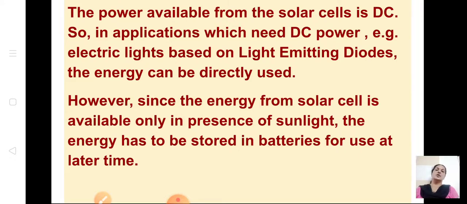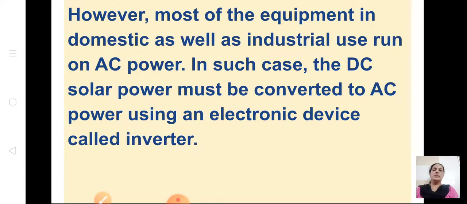In others, it has to be converted into AC current. Most of the equipment in domestic use as well as industries runs on AC power. So the DC solar power must be converted into AC using a device called an inverter.